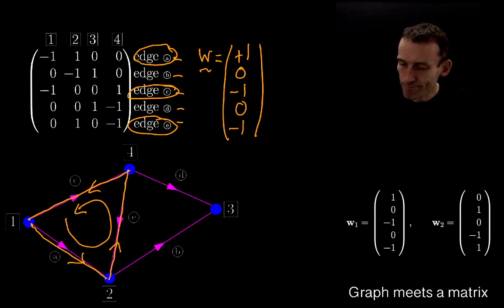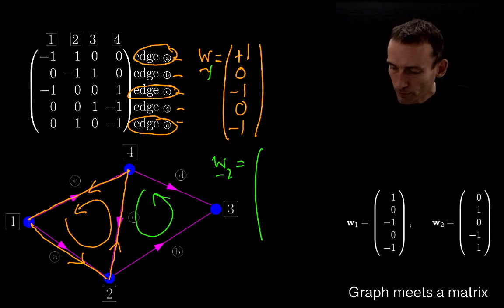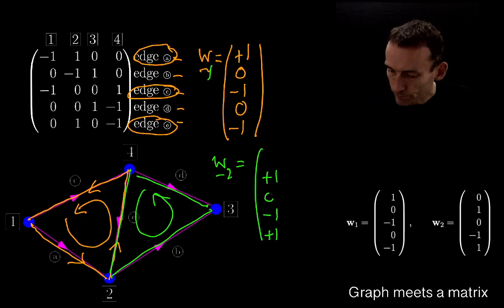Well, interesting, eh? Let me use a green for this. Let me do the same for what's obviously this loop. Well, I go along B, edge B in the positive direction. I go along D in the negative direction. And I go along E in the positive direction.